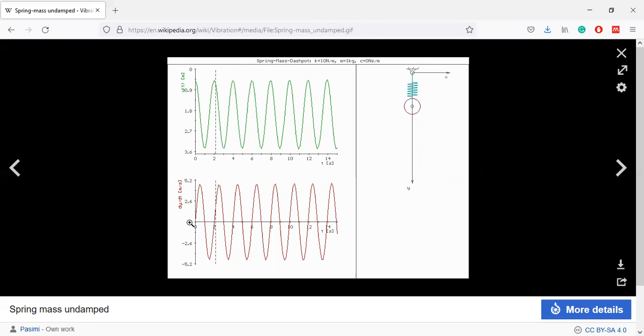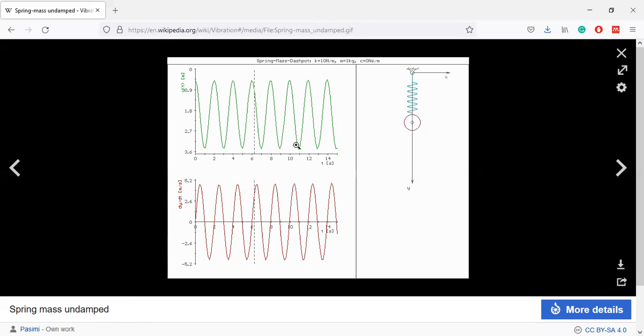This implies a pi/2, or 90-degree, phase difference. We can see this is a sine wave. The velocity is represented with a sine wave, and this is a cosine wave. So they have a phase difference.